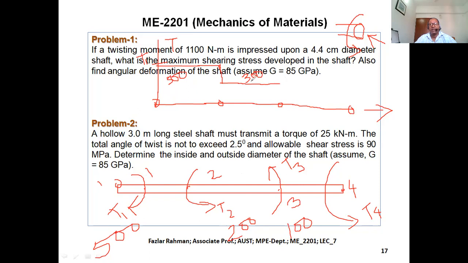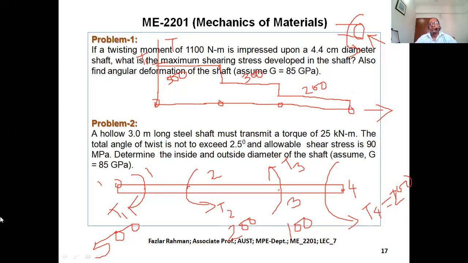But this 100 is again anti-clockwise, so right over here again subtract 100. Then coming over here, this will be 200. And this one has to be 200. This 200 and 200, 0, double line.